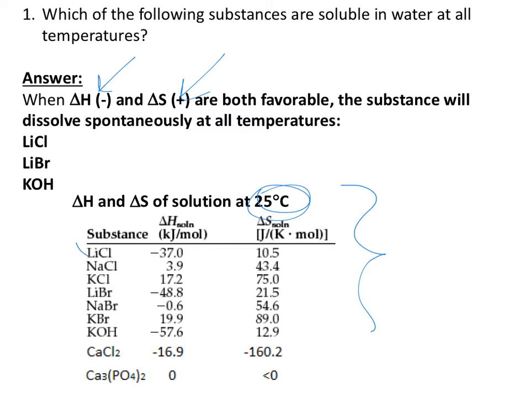Well, it's true for lithium chloride, lithium bromide, sodium bromide, and potassium hydroxide. All of those have a negative enthalpy and a positive entropy, so they would be very soluble in water at room temperature. Actually, at all temperatures they would be soluble. So that might be a typical question you would be expected to answer and explain.